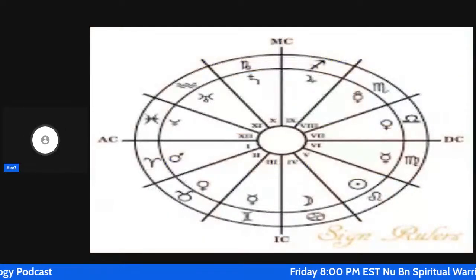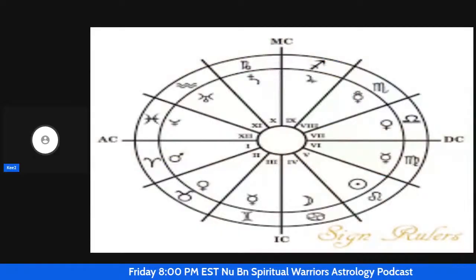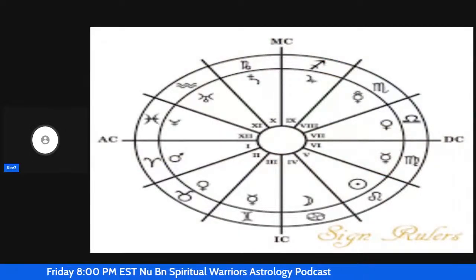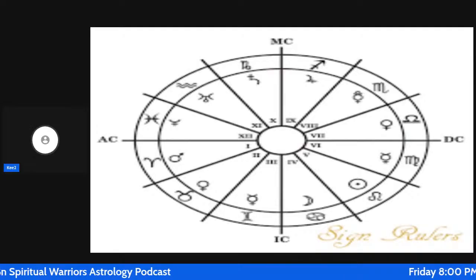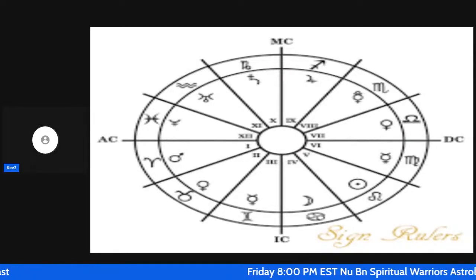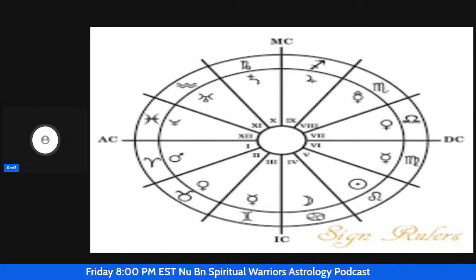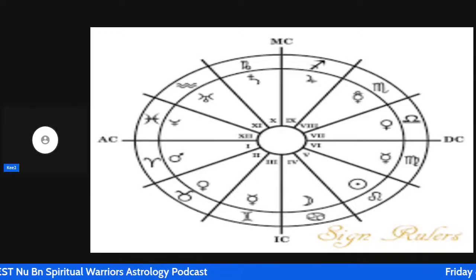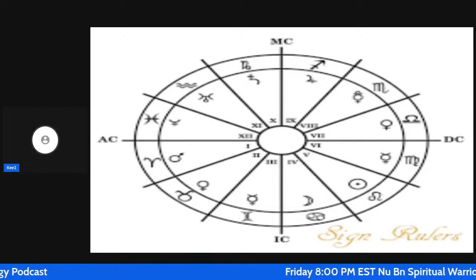As I mentioned earlier, once you are able to construct an astro chart, the next assignment is to put the planets and the signs in the right position. As you see here, let's look at the first house. In the first house, we have the planetary symbol for Mars, and the sign that's associated with that first house is Aries.